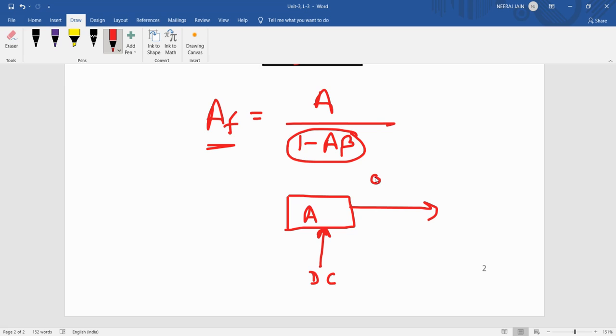यहाँ पर ऑसिलेटर में हमने एम्पलीफायर को केवल DC input दिया, that is the power supply, and we are getting the output here. यहाँ पर हमको आउटपुट मिल रहा है.